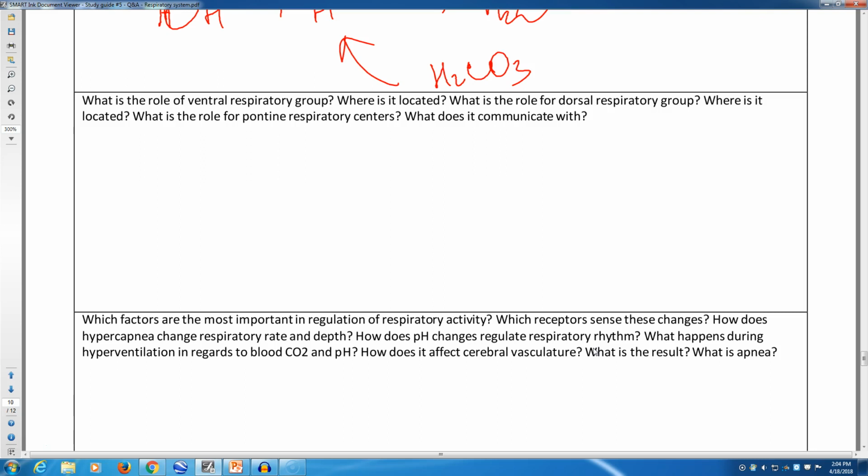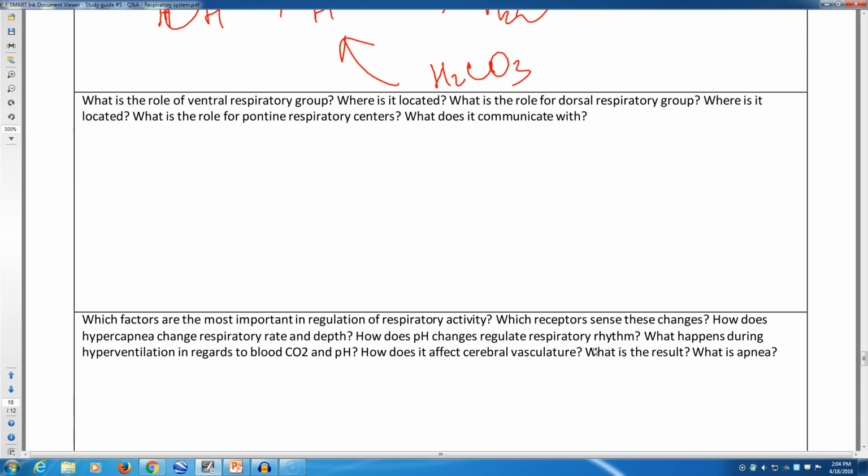So, everybody understands. Low pH, low oxygen, high CO2: increased respiratory rate, increased depth of breath. You change it, decreased. Are we clear about it? Which factor contributes the most? CO2.